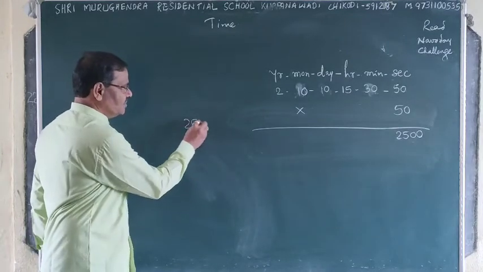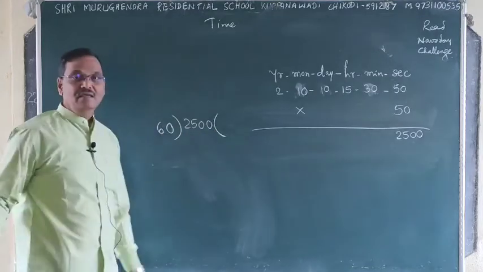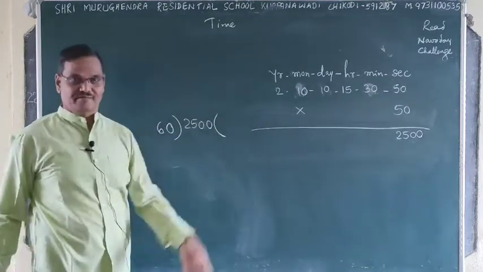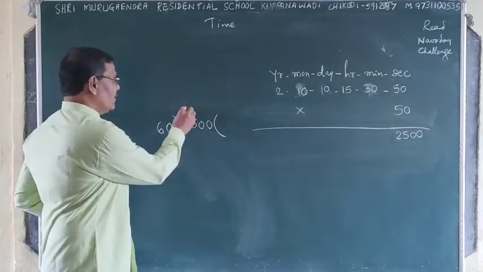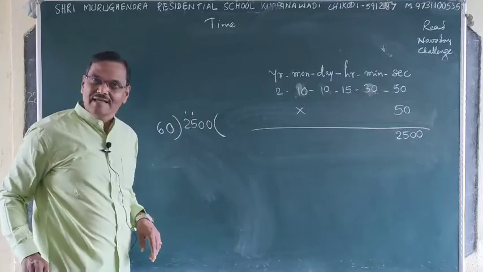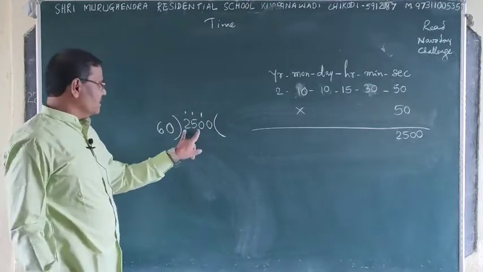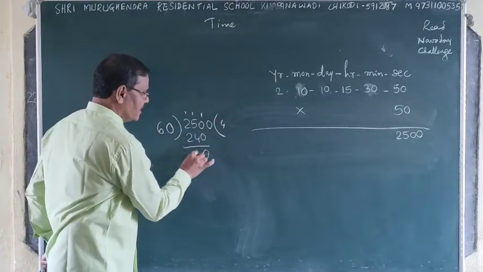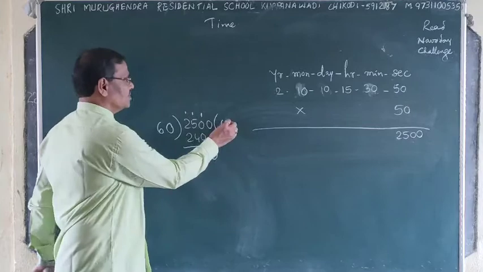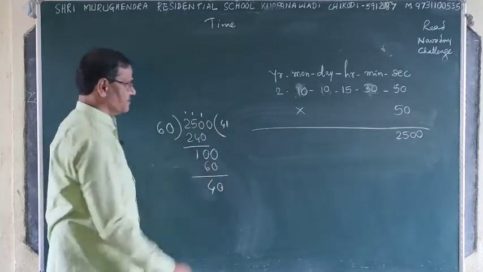See, 2500 we have to make into units of 60. How many 60 units are here? Say 1, 2; if taken less than 60, another one you have to take. 6 4s are 24, then 10 remains, 6 1s are 6, that is 60, 40 remains.